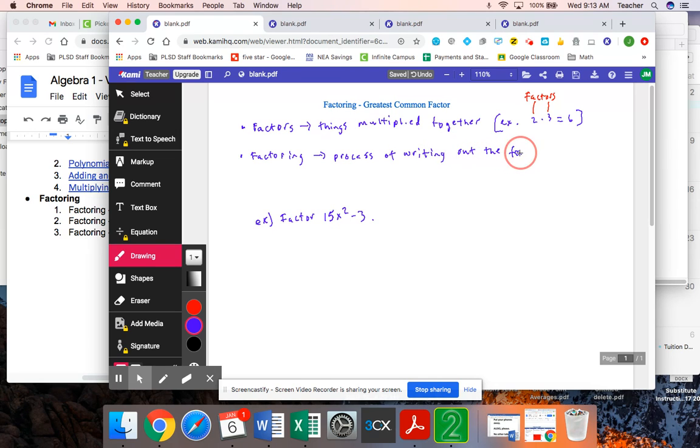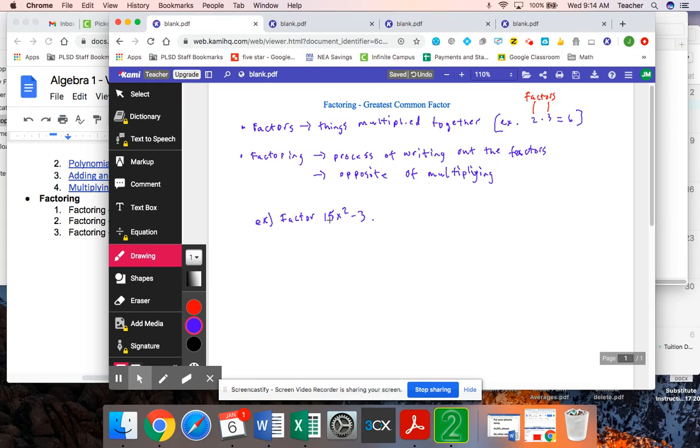It's actually the exact opposite of multiplying. When you multiply, you take two different factors and you get a product. When you factor, you start with the product and you write out the two factors. It's the opposite. Makes way more sense when we do an example, but that's the background.